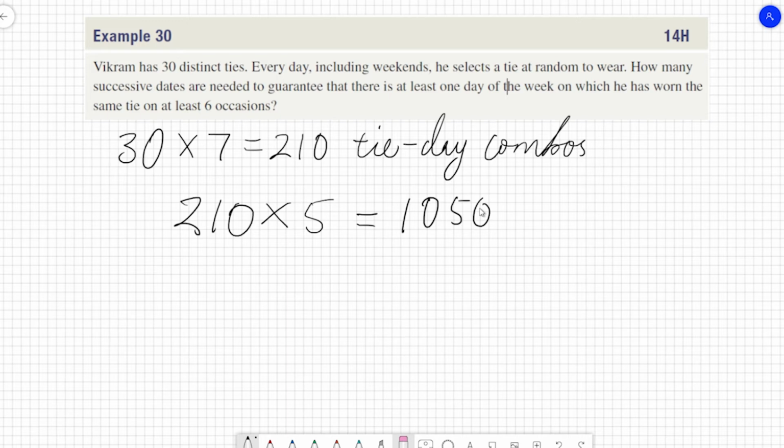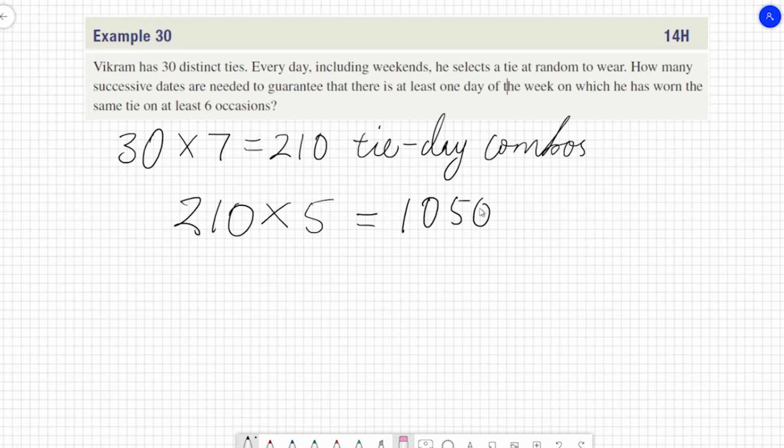Of course, maybe he flukes it, and takes only 6 weeks and 42 days to achieve the same tie and weekday combo on 6 occasions. But that's not guaranteed.